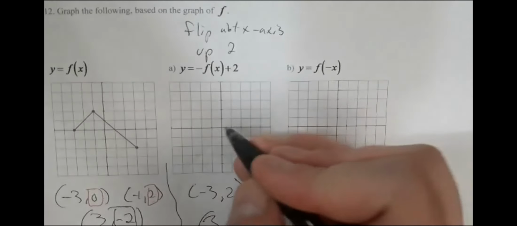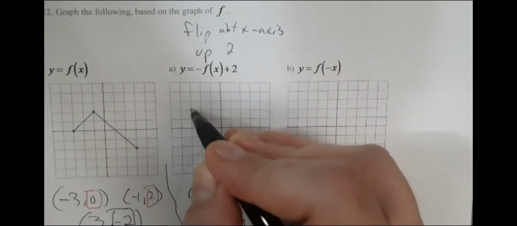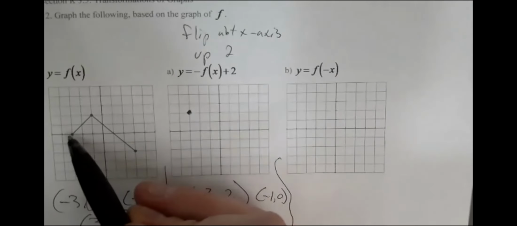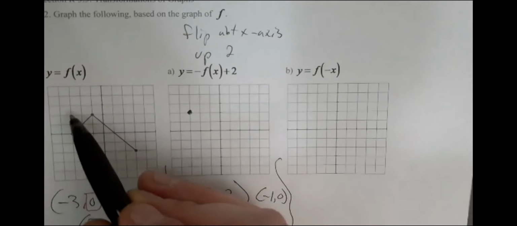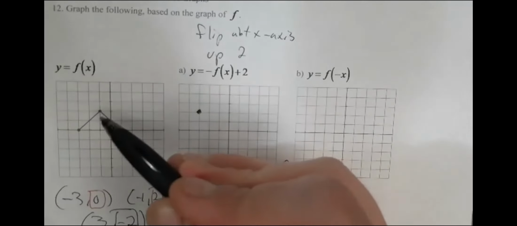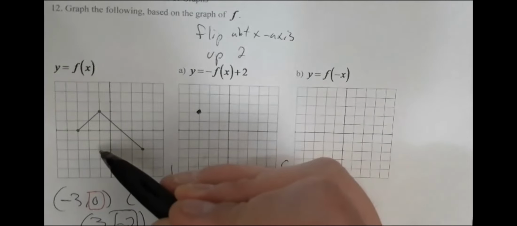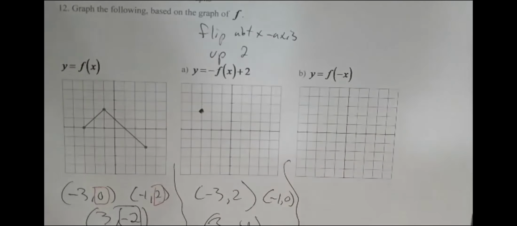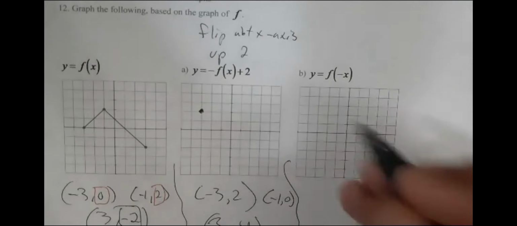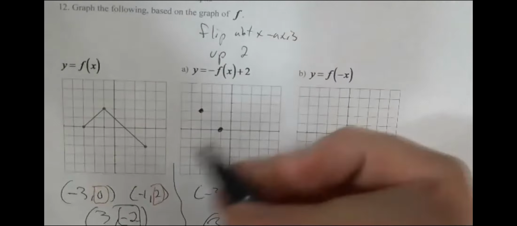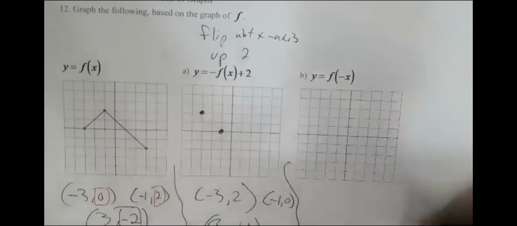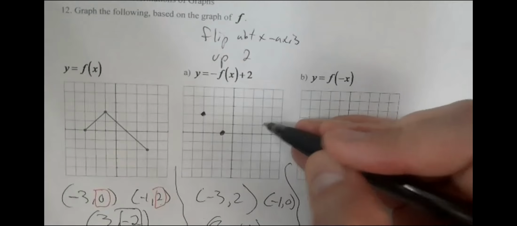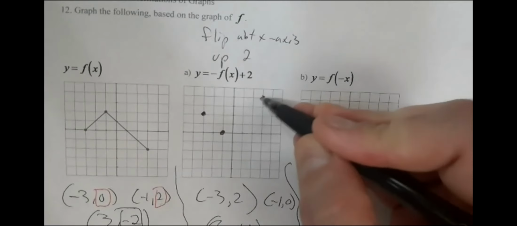So if I plot these points, minus 1, 2, 3, 1, 2, that's the same as if I took this point, flipped it about the x, it's going to stay on the x-axis, and then I move it up 2. This one, if I flip it about the x and then move it up 2, it's going to come out to minus 1, 0. Same thing with this. If I flip it about the x, then move it up 2, it's going to come out to 3, 1, 2, 3, 4.